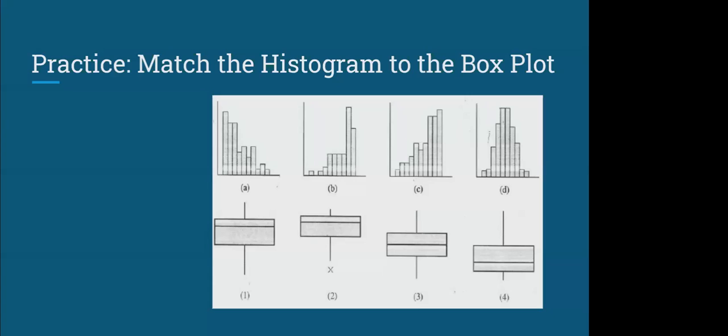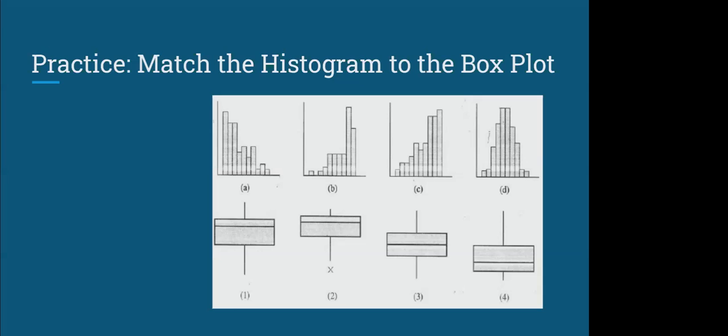So if it is skewed right, think about the characteristics of the box plot. The right or upper whisker is longer than the left or lower whisker, and the median is closer to Q1.